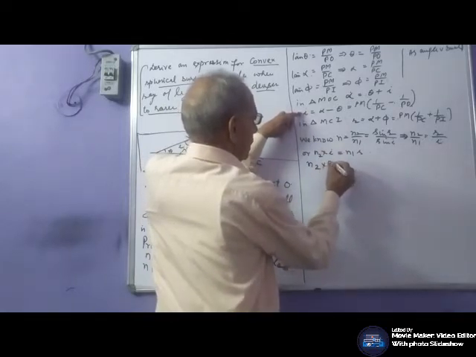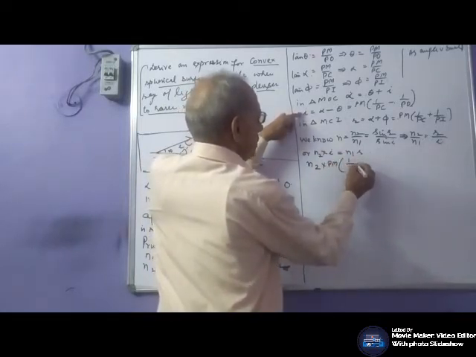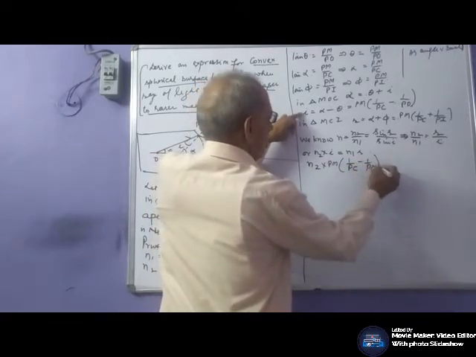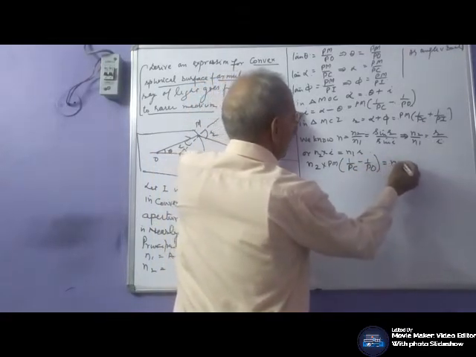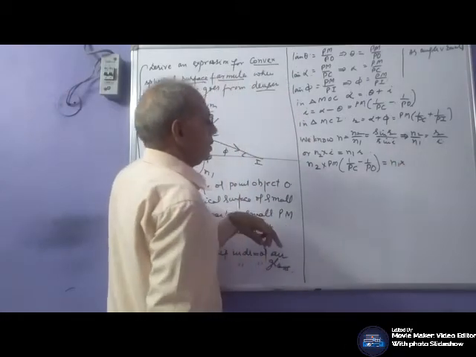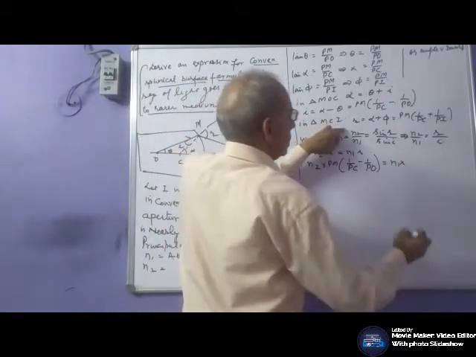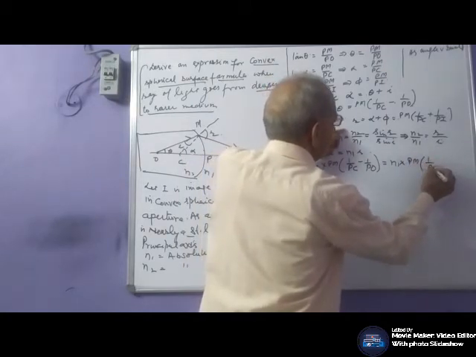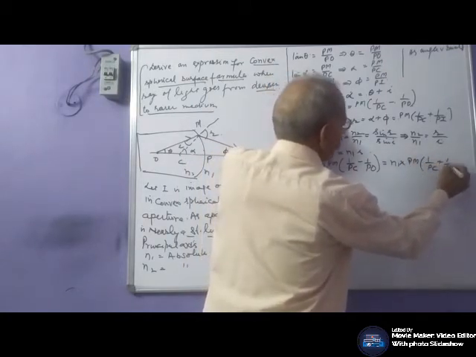N2 into I is N2 times PM times 1 by PC minus PO. N1 into R is N1 times PM times 1 by PC plus PI.